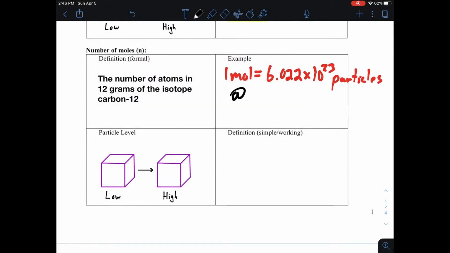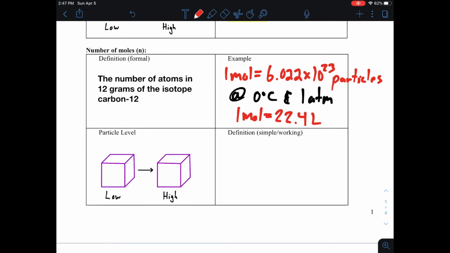Another fun little fact: at 0 degrees Celsius, so at a specific temperature, and a specific pressure, 1 atmosphere, more on pressure later, 1 mole equals 22.4 liters.